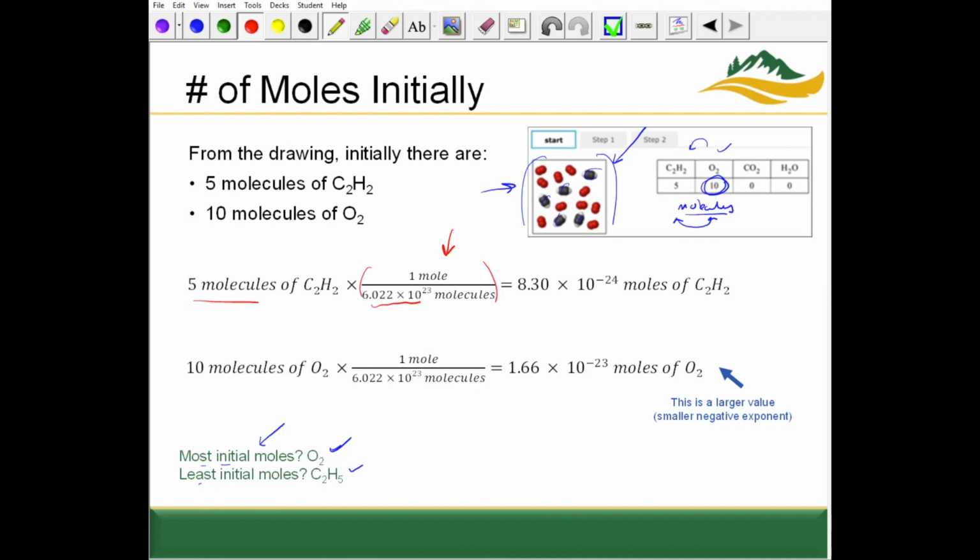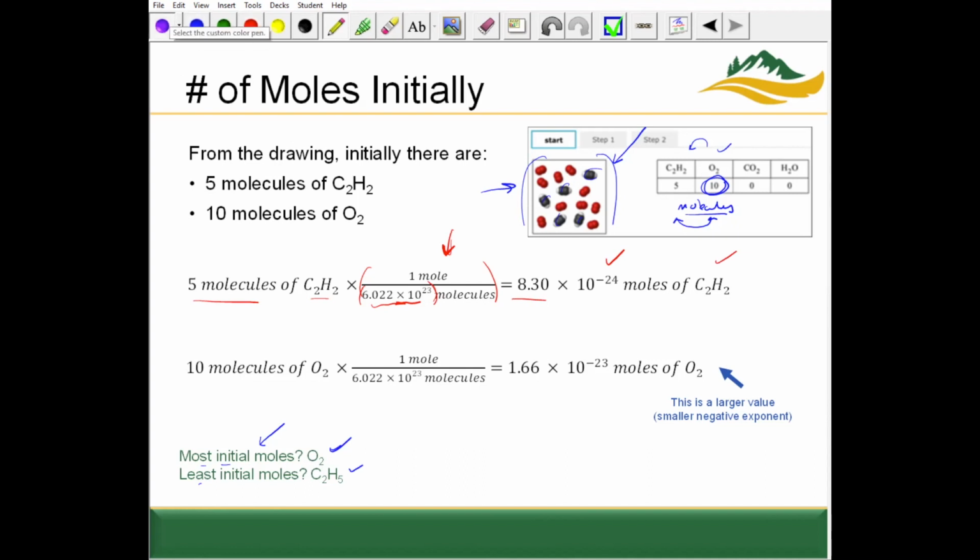So you can see that the substance, the identity, doesn't matter. It could be 5 molecules of anything. In converting molecules into moles, all we need is Avogadro's number. So 5 molecules divided by Avogadro's number. Again, we're really careful to put this in parentheses. So this whole value needs to be in parentheses. This gets us 8.30 times 10 to the negative 24th moles of C2H2.